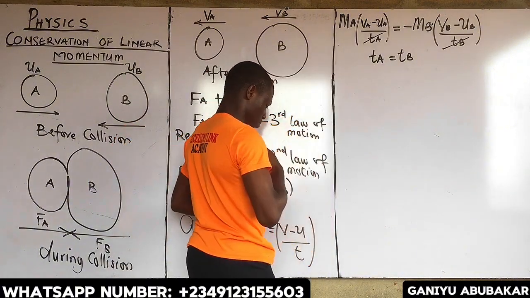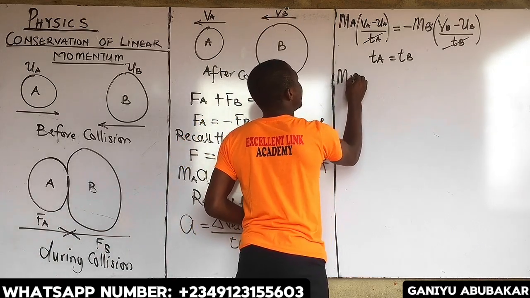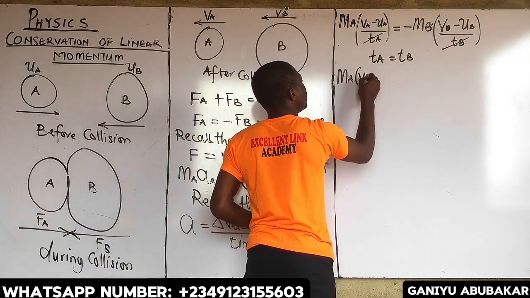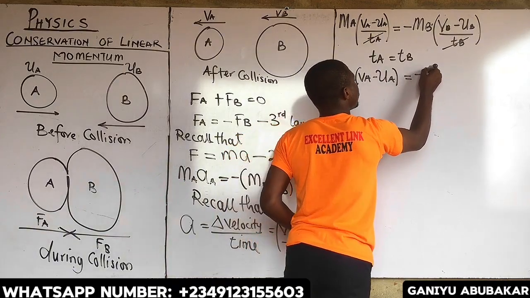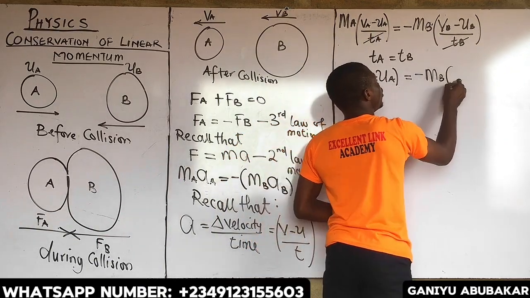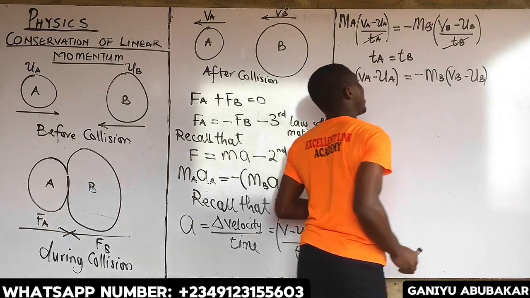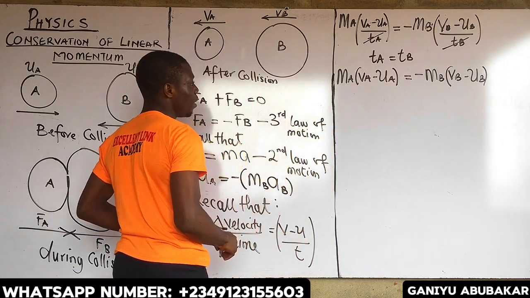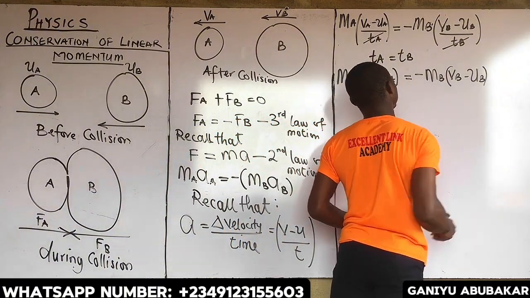At this point here, what next? I'll be having MA times VA minus UA is equal to minus MB times VB minus UB as my equation left. Use MA, expand this one. Use minus MB, expand this one here.